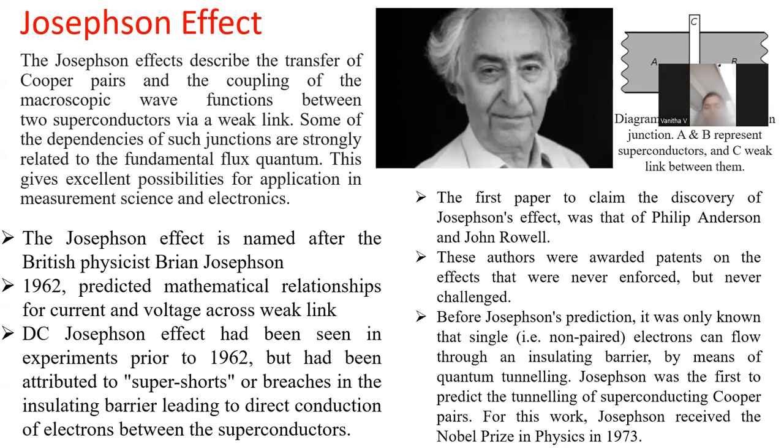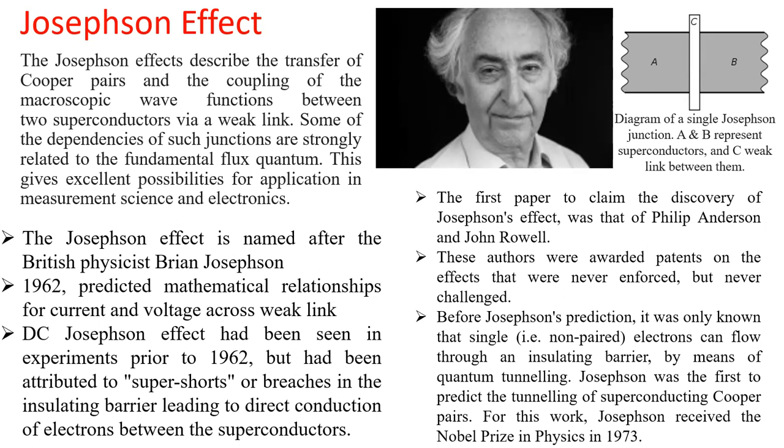The Josephson effect is named after the British physicist Brian Josephson. In 1962, he predicted a mathematical relationship, or a mathematical expression, that related current and voltage across a weak link.